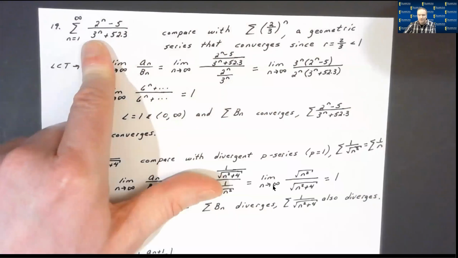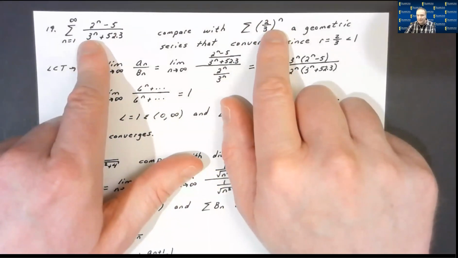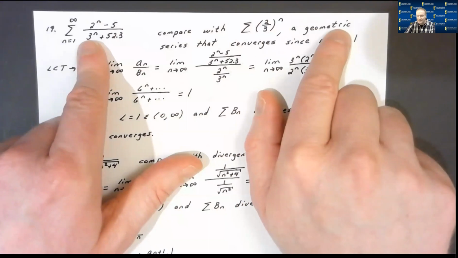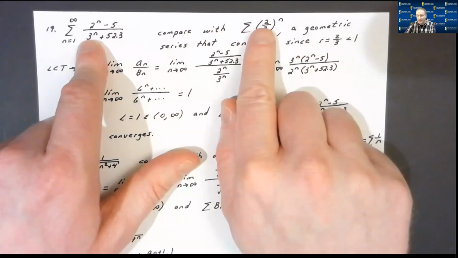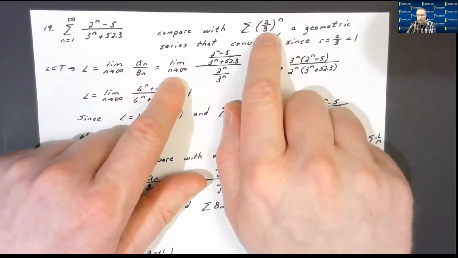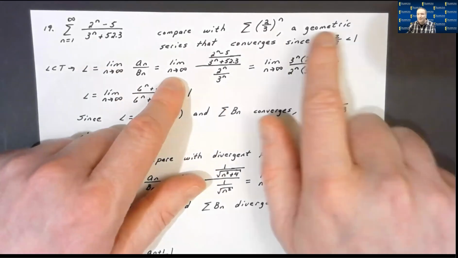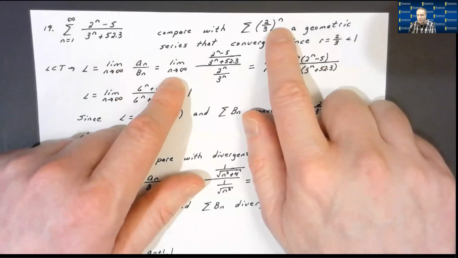You can simplify that to 2/3 to the n. Now, anytime you have a geometric series, it converges if the absolute value of the r, the value that's continually multiplied, in this case 2/3, is less than 1. 2/3 is less than 1. This is a convergent series.